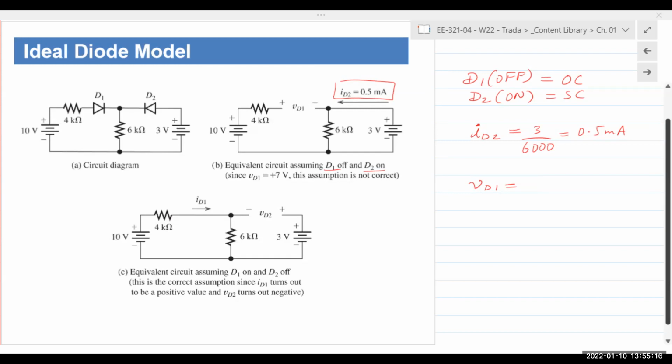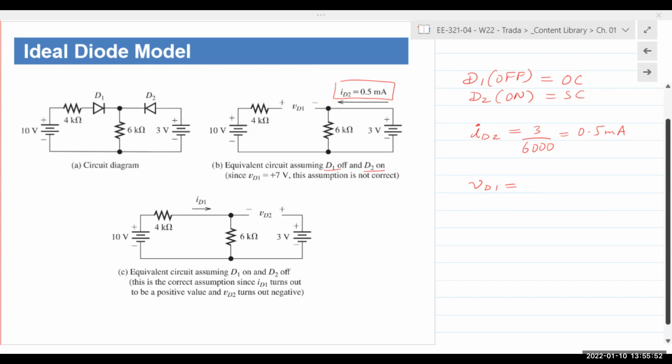Sure. We assume at the beginning that D1 is off and D2 is on. Since D1 is off, I'm going to replace it with an open circuit, right? Open circuit means the voltage for D1 should show me that D1 is reverse bias, meaning the cathode should be at a higher potential than the anode. But when I complete my analysis, I determine that the anode is 7 volts higher than the cathode.